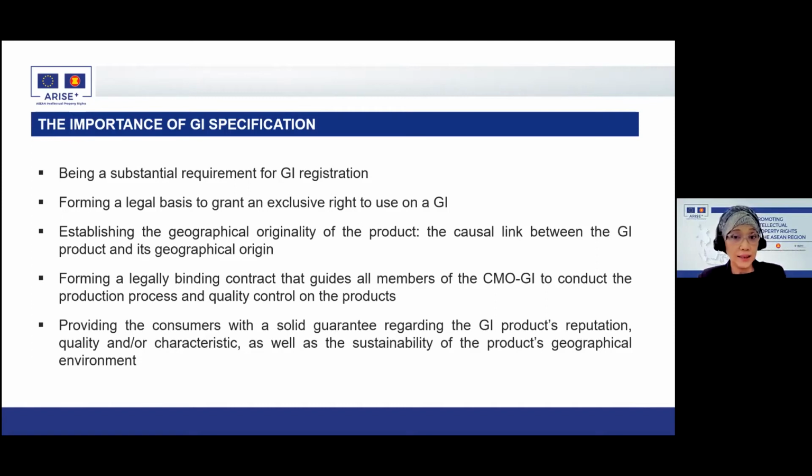So registration is necessary to obtain the right, but registration cannot be done without the GI specification. So the GI specification, once again, is a substantial requirement for GI registration. It also forms a legal basis to grant an exclusive right to use a GI.